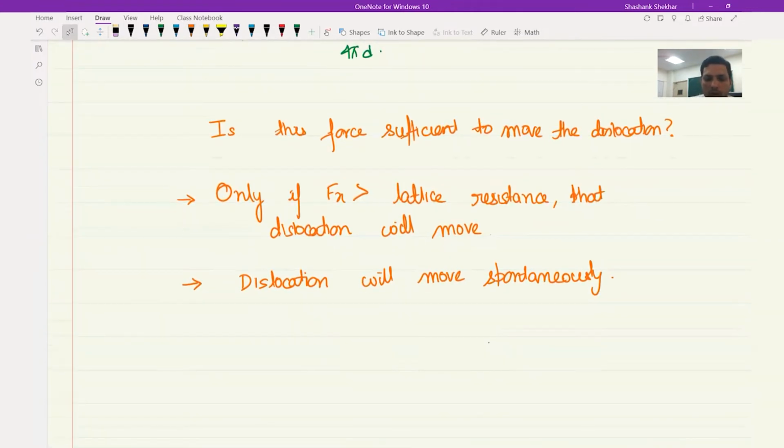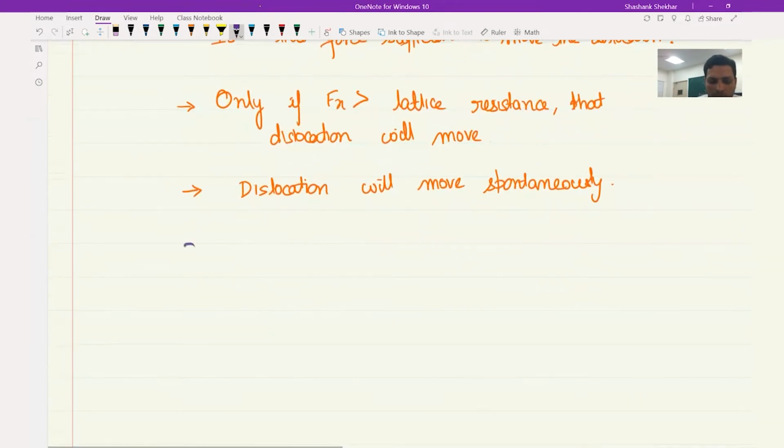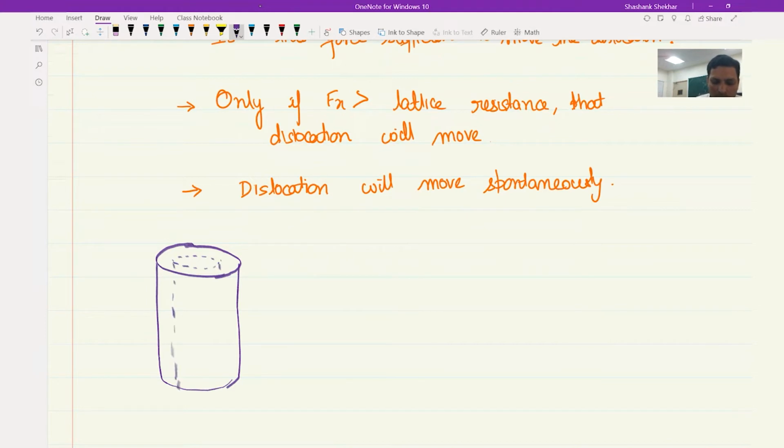So if you were to draw, let's say I'm drawing a rod or a whisker, some thickness T is found to be free of dislocation, meaning this region is free of dislocation.